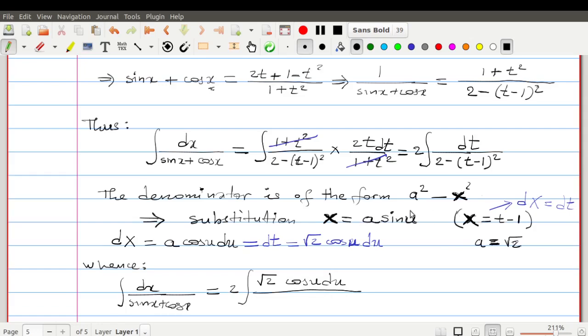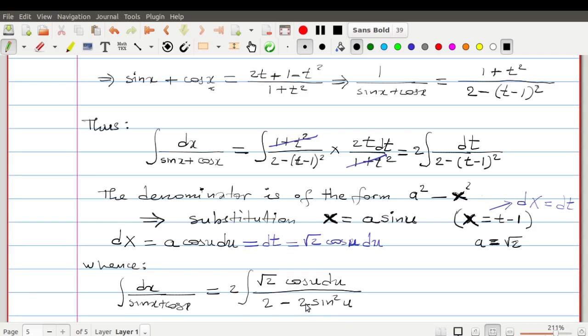By, now in the denominator, this one we know already, t minus 1 is what we call capital X, and capital X is a, so this is 2 minus, we are going to write x squared, so that will be a square, which is 2, so that will be 2 sine square u.